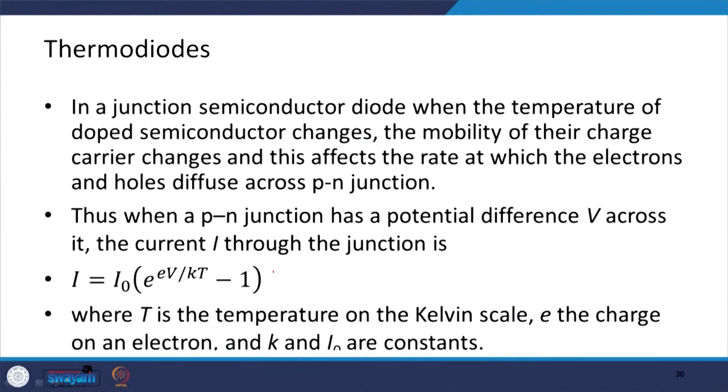When the p-n junction has a potential difference V across it, the current through the junction can be given by the popular equation which you have studied in your electronics course. Here T is the temperature on the Kelvin scale, e is the charge on an electron, and k and I0 are constants.